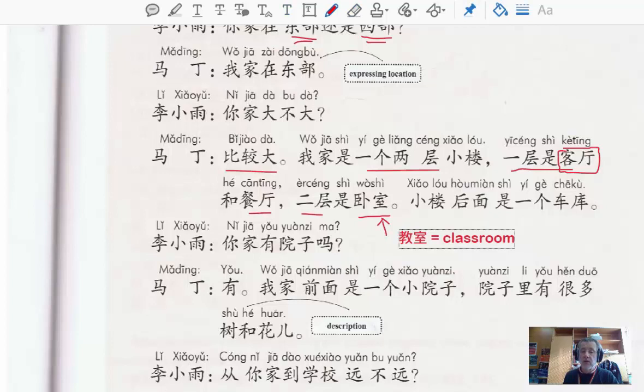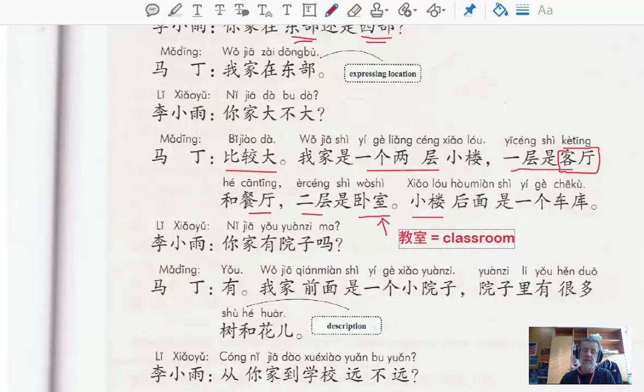Okay, 小楼后面是一个车库. Now here they keep referring to 小楼 being like a small building, and it's their way of expressing the kind of houses that we live in the West, where in China they tend to live, particularly in the city areas anyhow, in high-rise apartments. In the West we tend to live mostly in standalone houses.